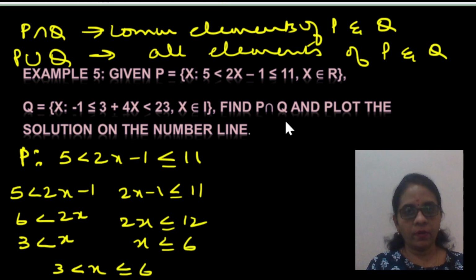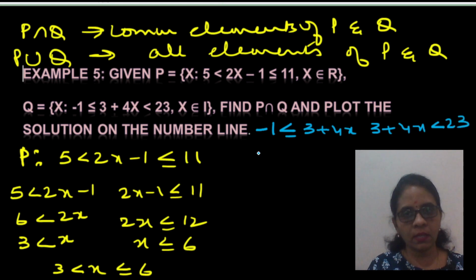So let's see for Q. In Q what is given? It is given minus 1 is less than or equal to 3 plus 4x. So we will write it as minus 1 less than or equal to 3 plus 4x, and 3 plus 4x is less than 23. If you transpose this 3 to the other side, it becomes minus 3.